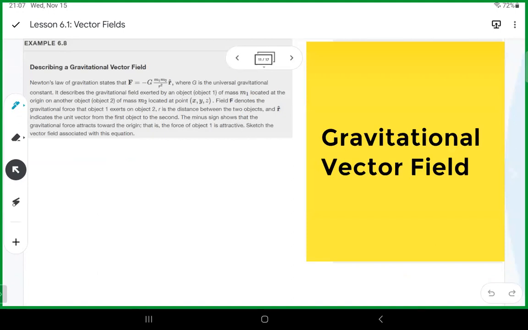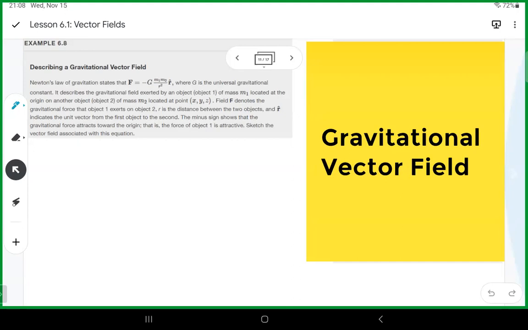Okay. So now on to slide 11. Describing a gravitational vector field. Newton's law of gravitation states that the vector force F equals negative G, where G is the universal gravitational constant. It describes the gravitational field exerted by an object, object 1 of mass 1, located at the origin on another object, object 2 of mass 2, located at a point (x, y, z).